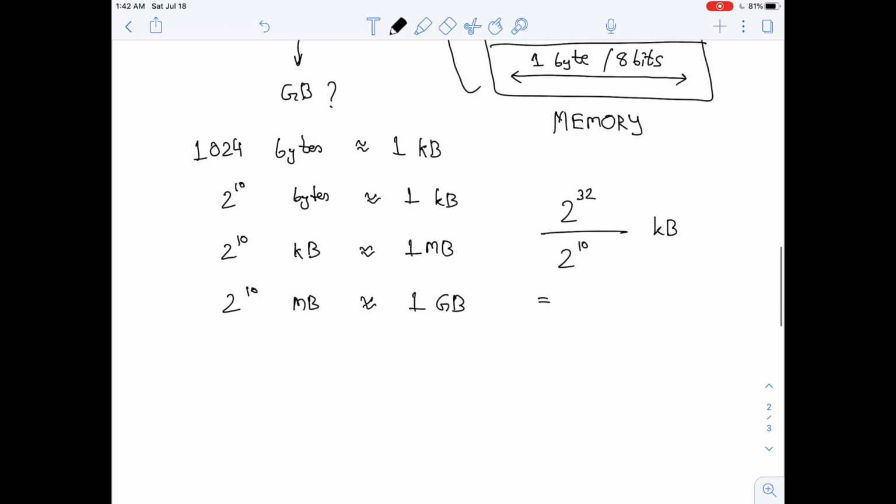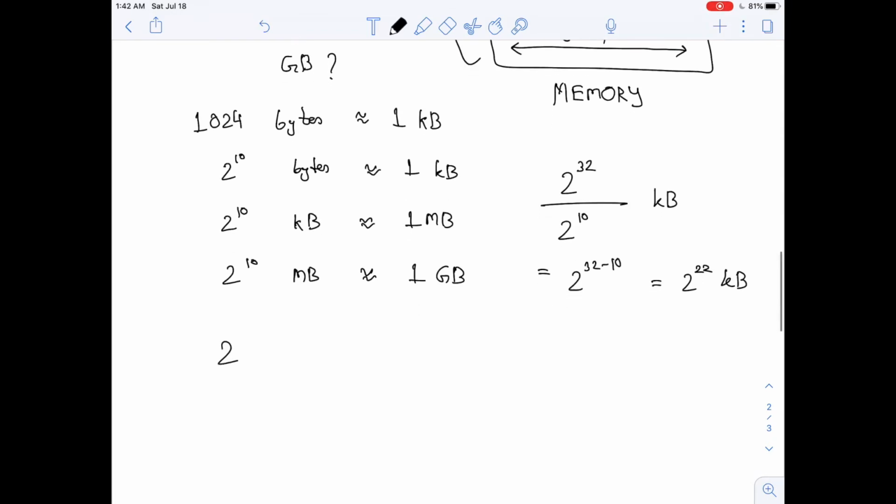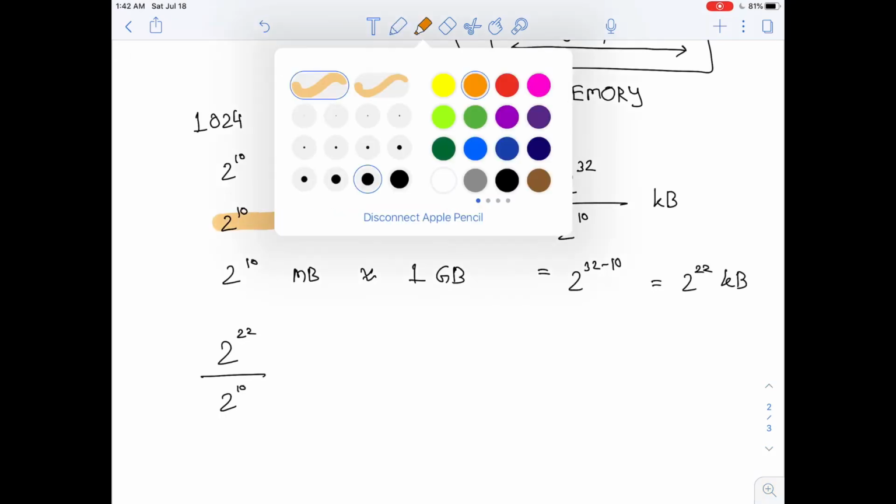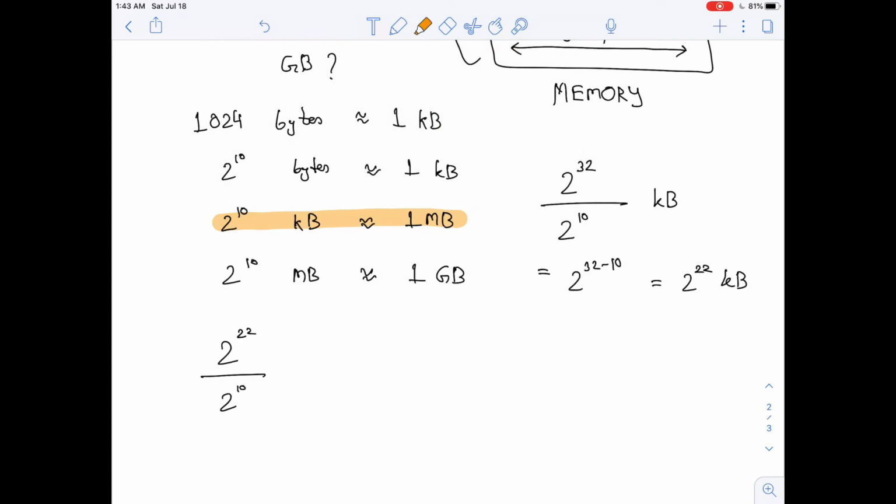So this would be 2 to the power 32 minus 10, that is 2 to the power 22 kilobytes. Again, if I divide 2 to the power 22 by 2 to the power 10, my kilobytes would be converted to megabytes, right? So I would now have 2 to the power 12 megabytes.